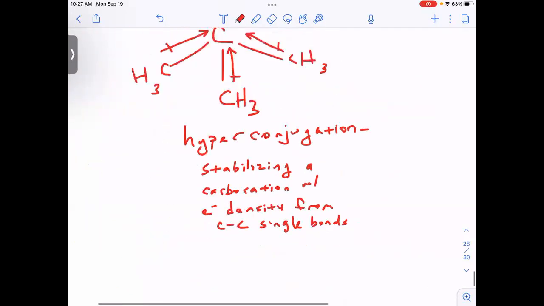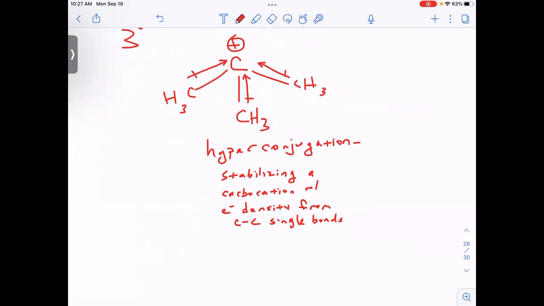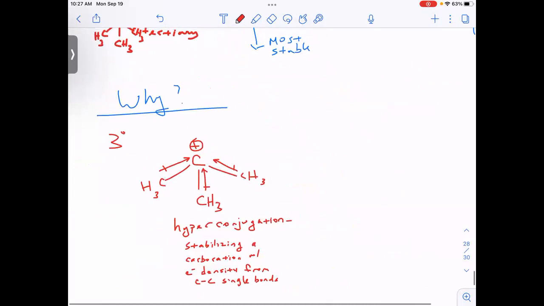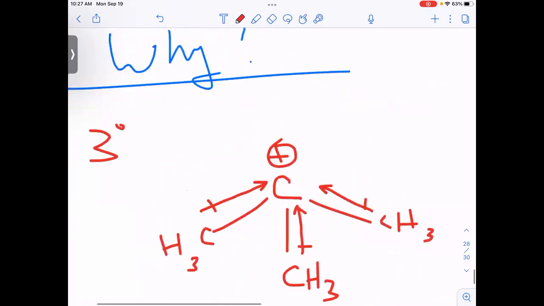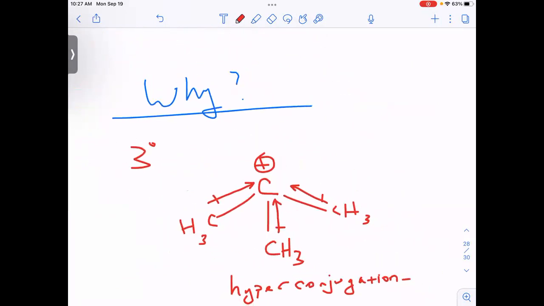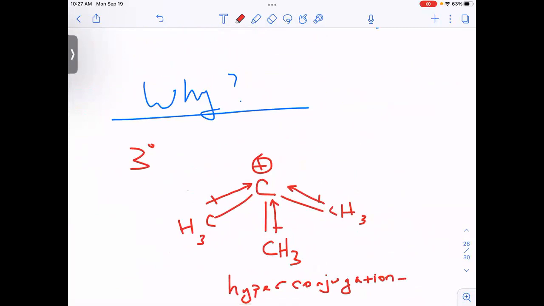Right, so you're stabilizing a carbocation with electron density from these carbon-carbon single bonds, which are more electron rich. So that tertiary carbocation is the most stable because it has the most groups around it that can funnel electron density towards that plus charge.